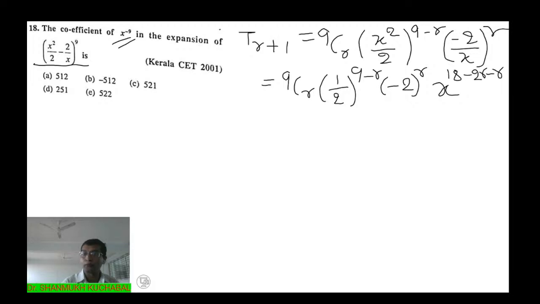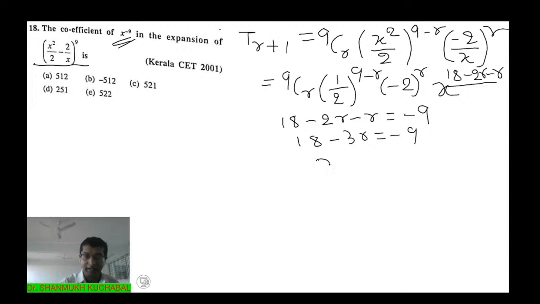Now we equate this x power with x raised to minus 9: 18 minus 2r minus r equal to minus 9. Simplifying, 18 minus 3r equal to minus 9, so r equals 9.